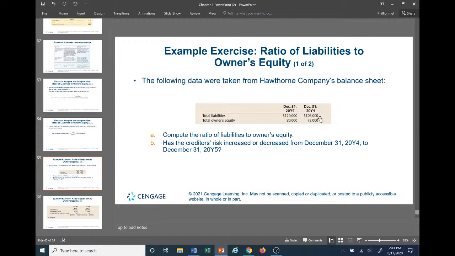Same thing here: total owner's equity on December 31st, 2004 was $75,000. We had an increase over the year of $5,000, so the ending balance on total owner's equity is $8,000. Once again, compute the ratio of liabilities to owner's equity. They're asking, has the creditors' risk increased or decreased from December 31st, 2004 to December 31st, 2005?